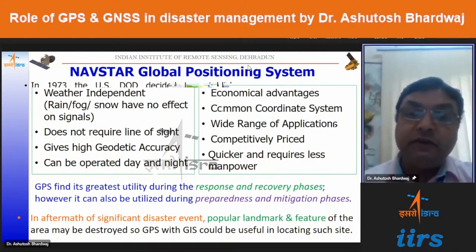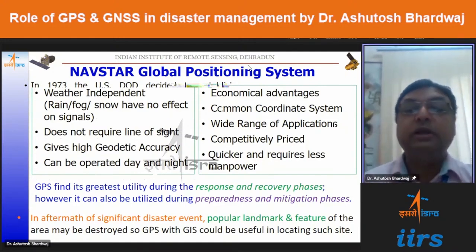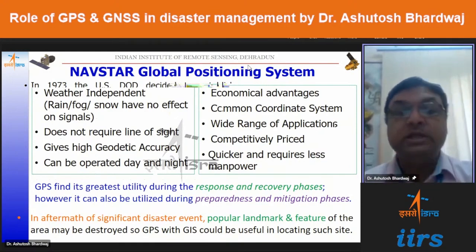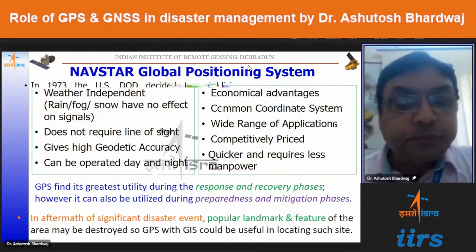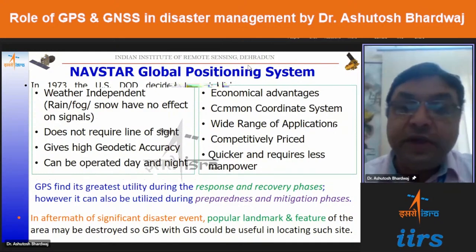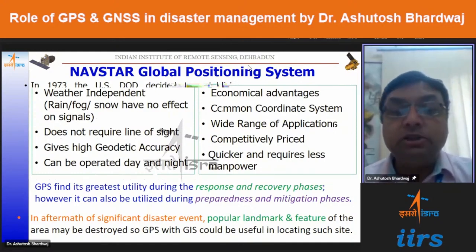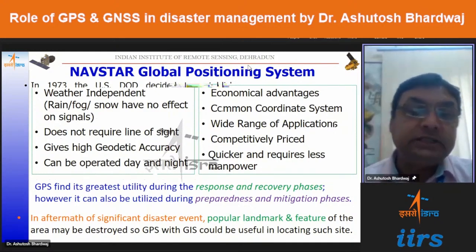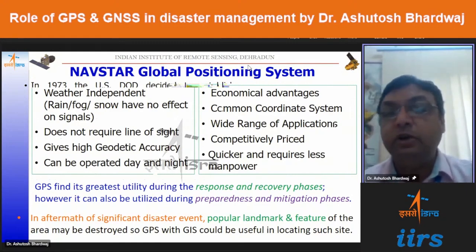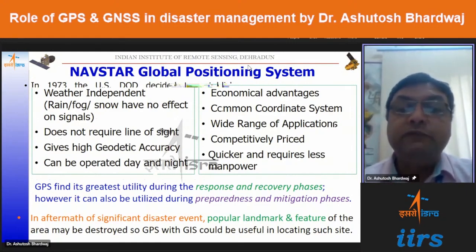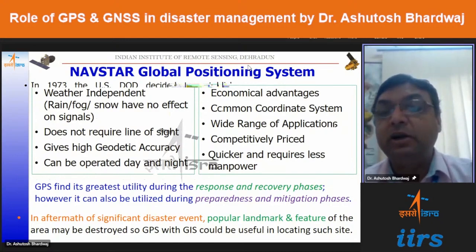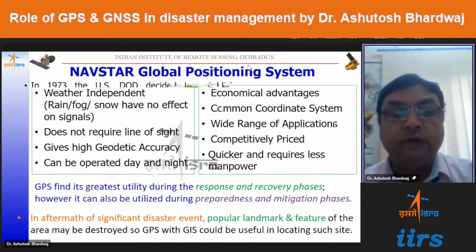Then the International Civil Aviation Organization is also a very important player in this industry or science as well. So they also have defined GNSS as per their purview, because they look after the safe flying operations and the standard operating procedures for the aircrafts for their movement across the world.